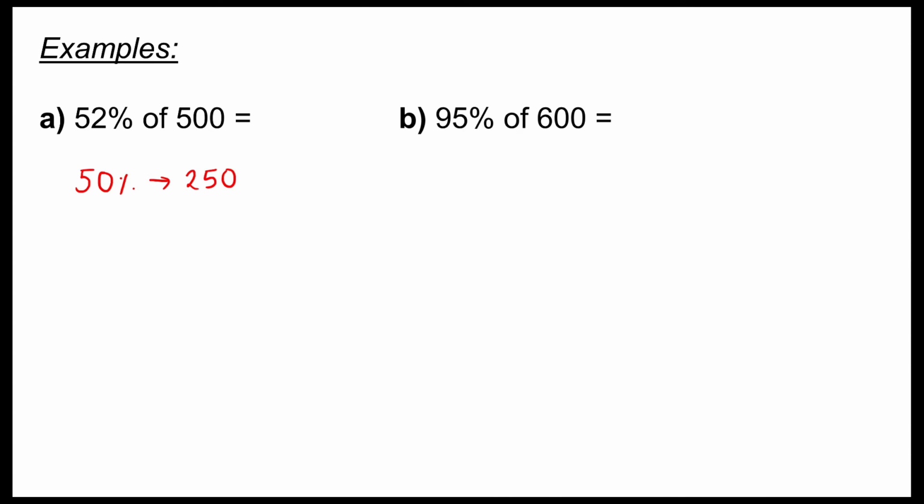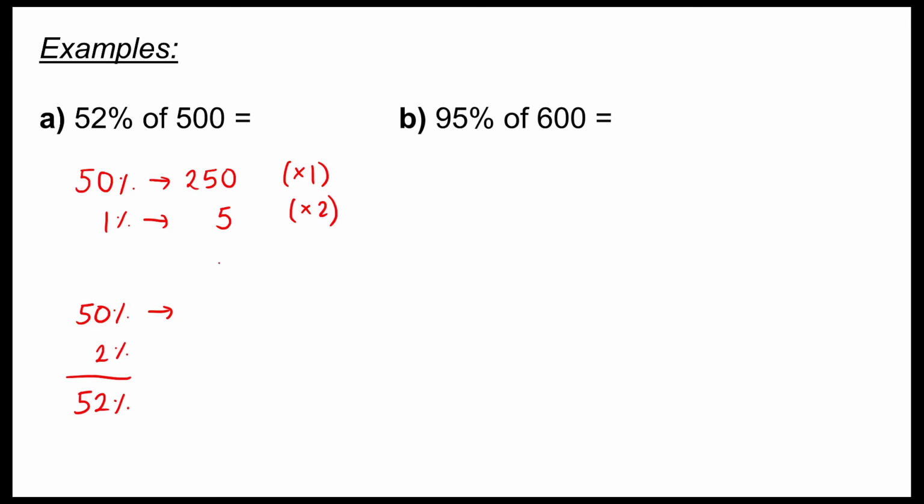From here, I can then work out 1% in order to help me work out 52% in total. So 1% is going to be 500 divided by 100, which is 5. I can decide that I want 1 lot of 50%, which is obviously 50%, and 2 lots of 1%, which gives me the 2% I need in order to get 52% in total.